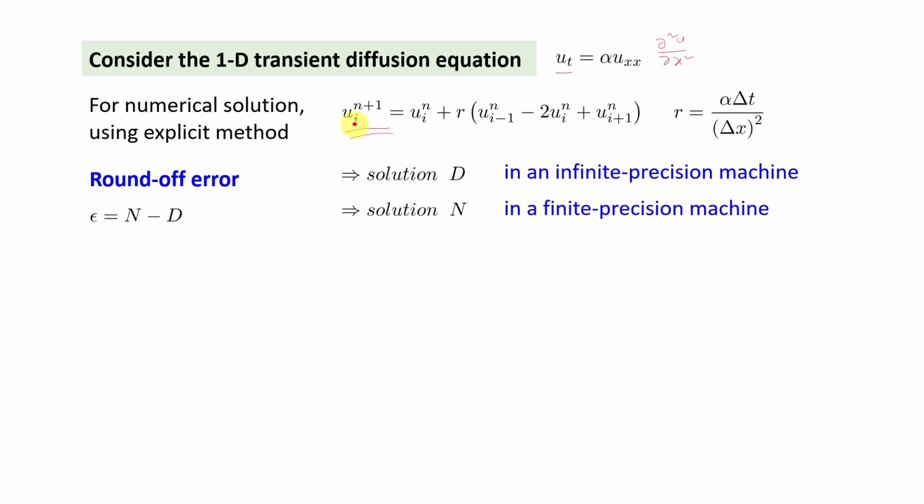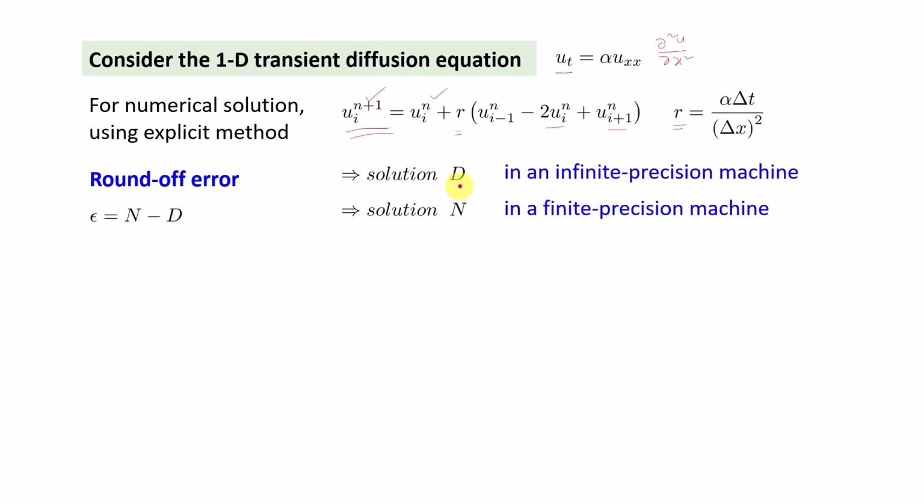We have u i at the n plus 1th time step equals u i at the nth time step plus a certain correction. That correction is r multiplied by u i minus 1 minus twice u i plus u i plus 1 at the nth time step. This r is alpha delta t divided by delta x square.